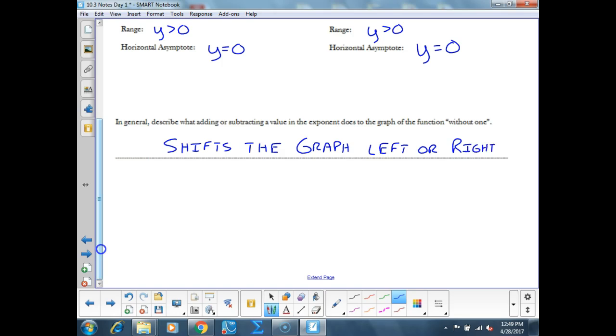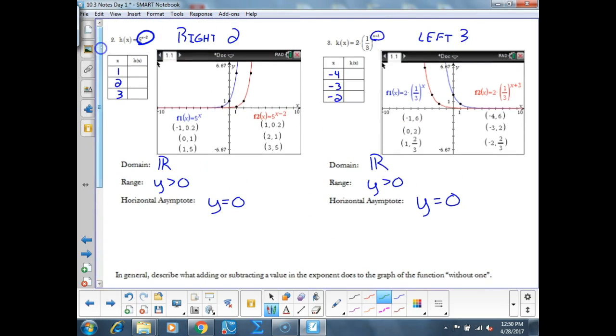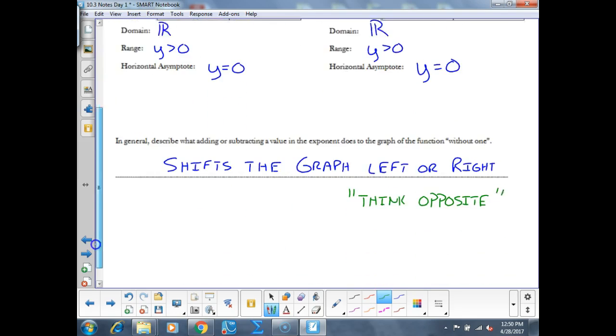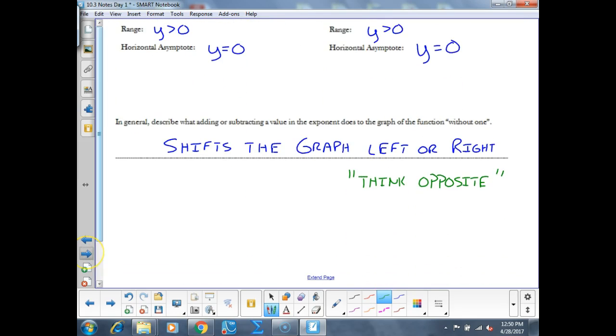And if you noticed, we are thinking opposite. Here in number 2, it was minus 2. We shifted it to the right 2. We went in the positive direction. In number 3, it was positive 3. We went to the left, which is the negative direction. Okay, so we think oppositely on those shifts.